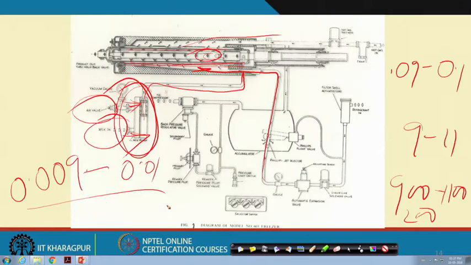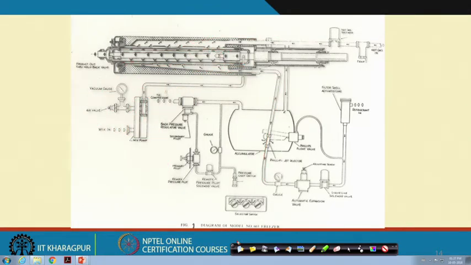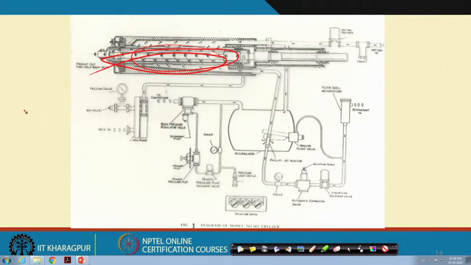So, that means the quicker the freezing, the smaller will be the ice crystal size, and the smaller the ice crystal size, the better for the quality of the product, right. And that is being done in this section, the ice cream manufacturing section, right.